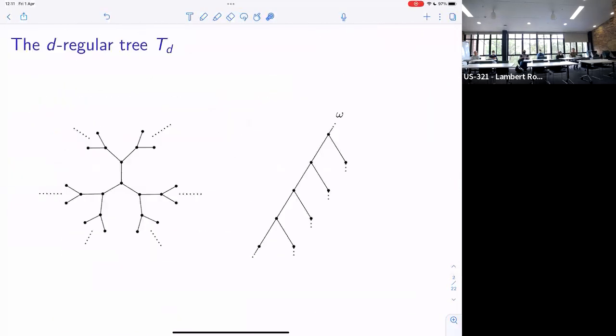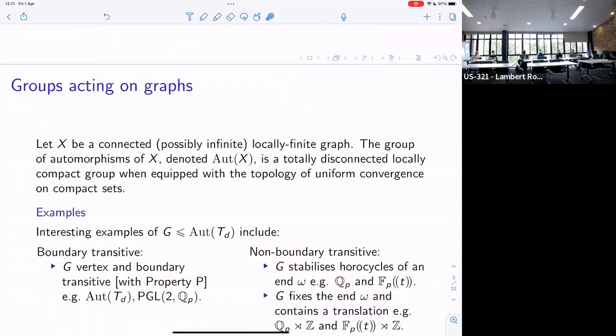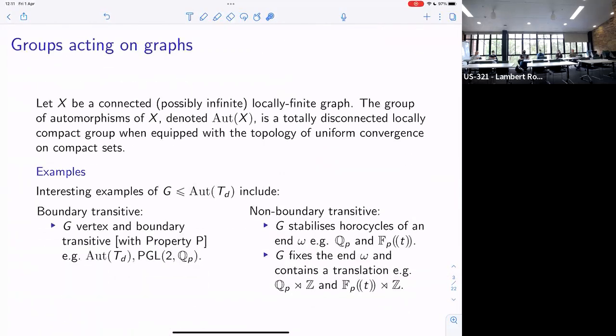So we have groups that stabilize the horocycles of an end, and then we add a translation, so we can slide the graph this way, and also do automorphisms on a tree that fix the vertex and the path to the end, and combinations of the two. And adding a translation to these groups basically amounts to taking a semi-direct product with the integers. And I'll be talking about groups in this form a bit later in the talk.